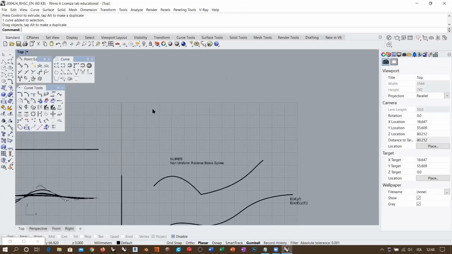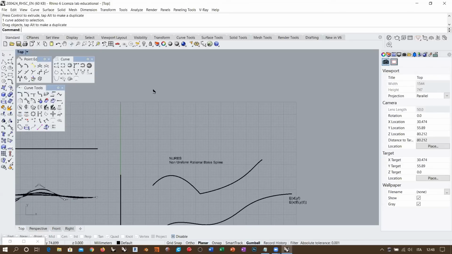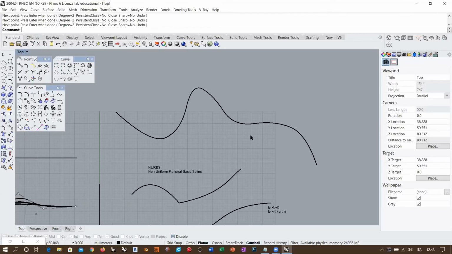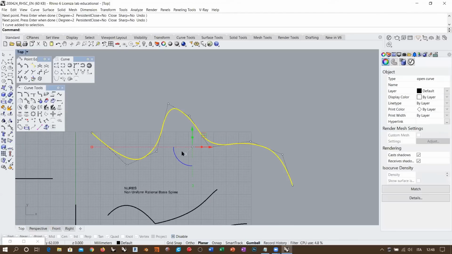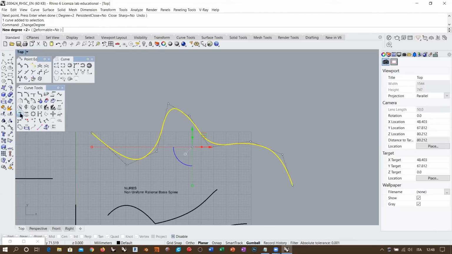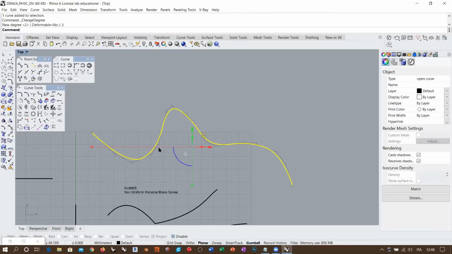So if I, for example, create a NURBS curve with degree 2, okay? And I create this line here. And I take this line and change the degree, which is actually 2, to 3, and hit enter. You see that we have a different topology, not only because of the degree, of course, because it has changed to 3, but also for the amount of control points.